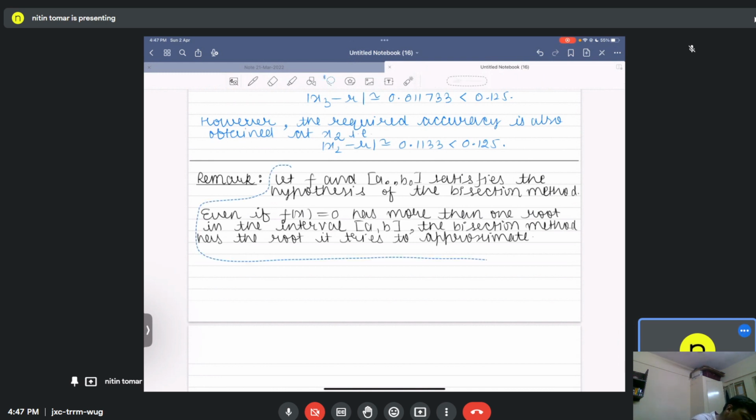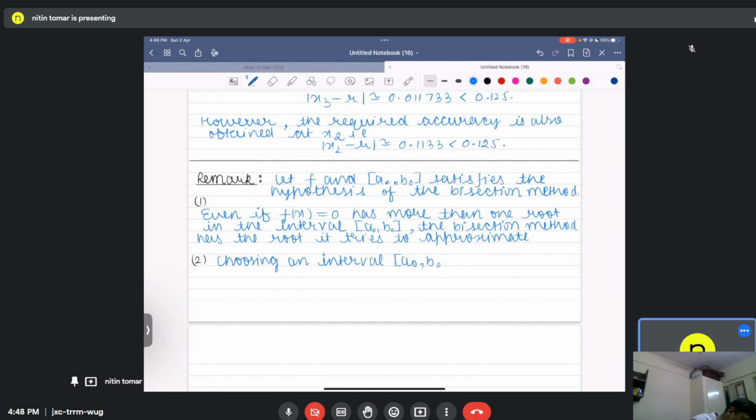So this is remark 1, now remark 2. Choosing an interval a naught, b naught such that f of a naught times f of b naught is negative is very crucial to the bisection method.